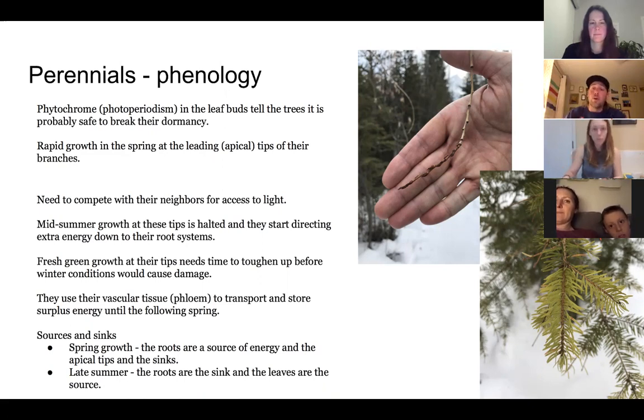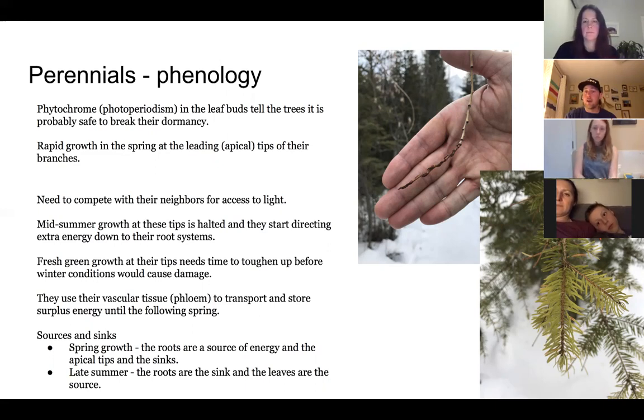And so one reason why they need to stop growing at the tips this way, and you can see this in the picture here, you can see the previous year's growth, how it's a little bit lighter and a little bit softer than the needles further up. That is an example of apical growth from one season.